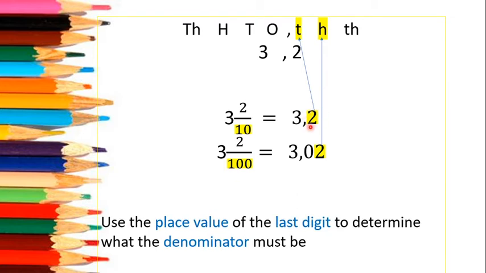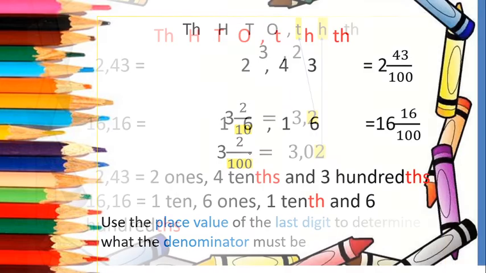Here my last digit is a 2, 2/10, so my denominator must be a 10. 3 and 2 over 100. My last digit, the 2, has the place value hundredths, so my denominator must be 100.